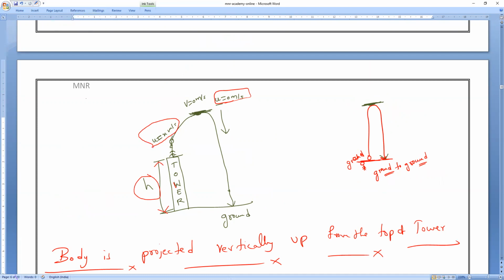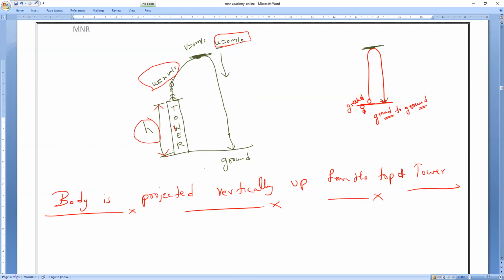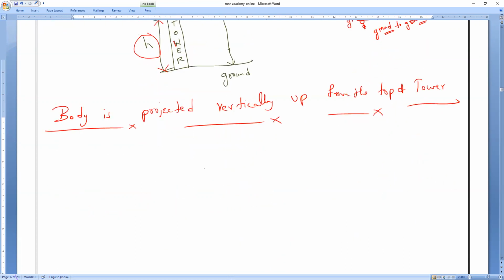Initial velocity U, or I have taken x meters per second, your choice. So projected from a tower height H with initial velocity U. Is it okay, guys?